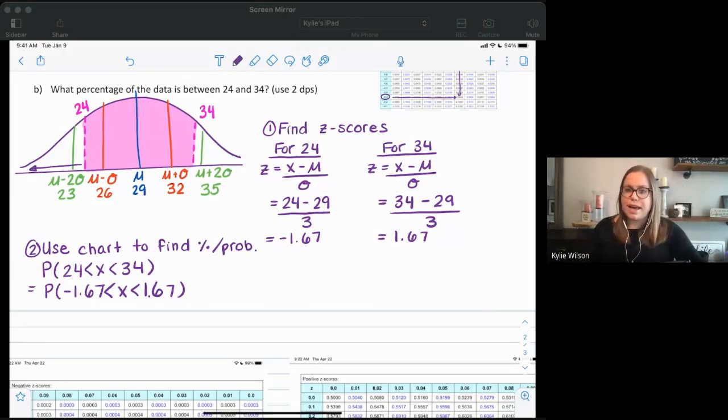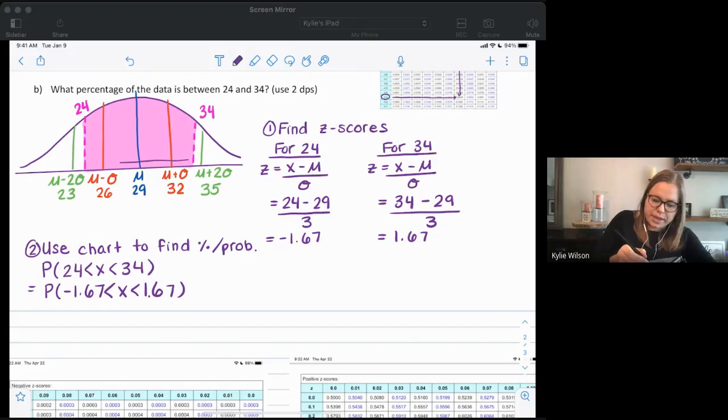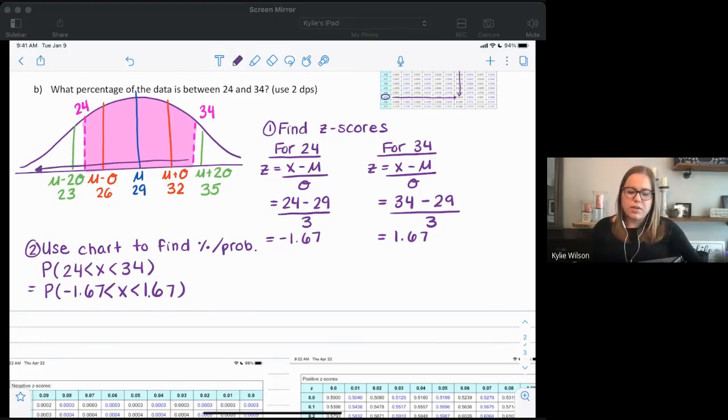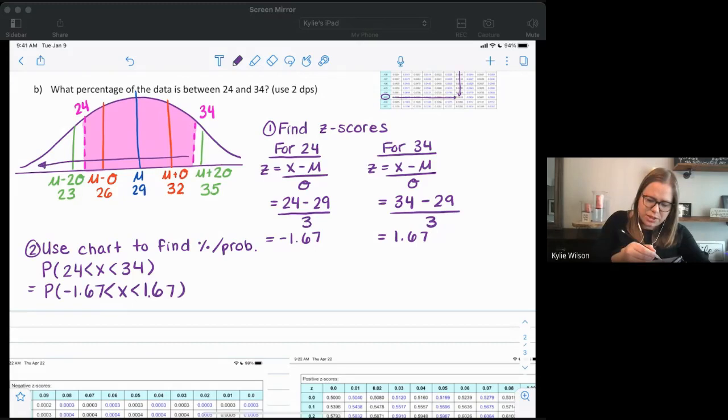That is the value that is given in the chart. Similarly, when I look up 1.67, so the z-score for 34, it will give me the percentage of points that are below 34. That's what it always gives, is all of the points below.